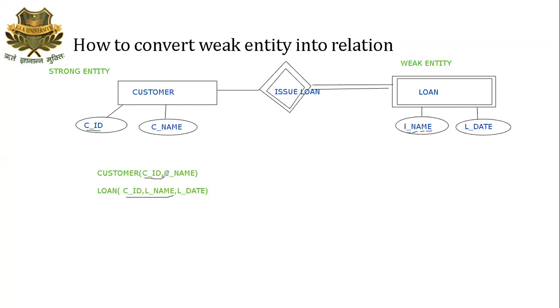And in the weak entity, write all attributes of the weak entity, and also the key attribute of the strong entity, which here is customer ID. So when we convert this ER diagram into relations, there are two relations. I hope you understand this. Thank you.